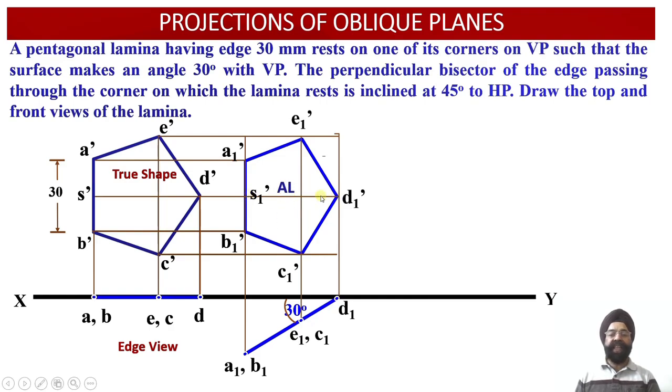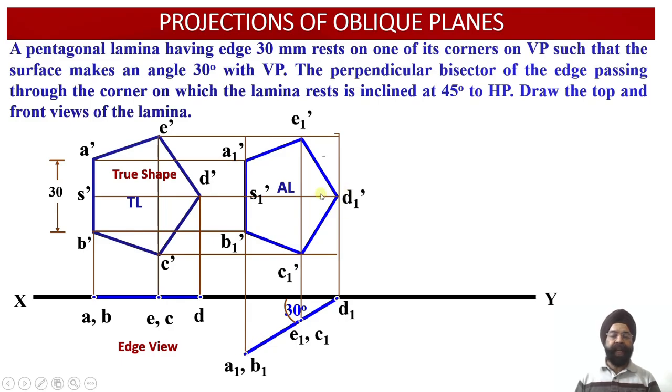So this distance happens to be an apparent length, and because it is parallel to the horizontal plane, in the top view we are able to obtain the true length of this apparent length. Now we are going to locate the true length corresponding to this apparent length D1 dash S1 dash even in the top view projections. Why?